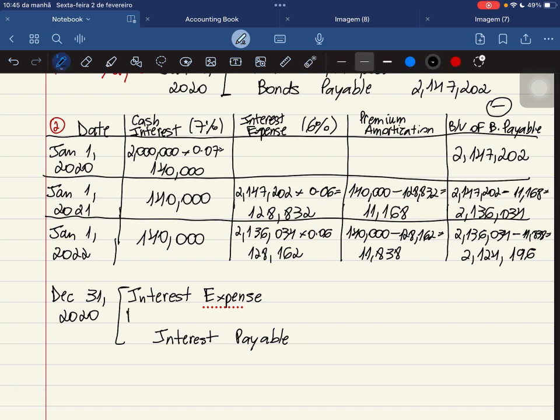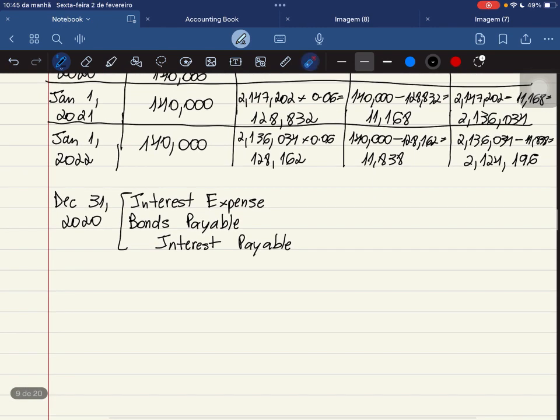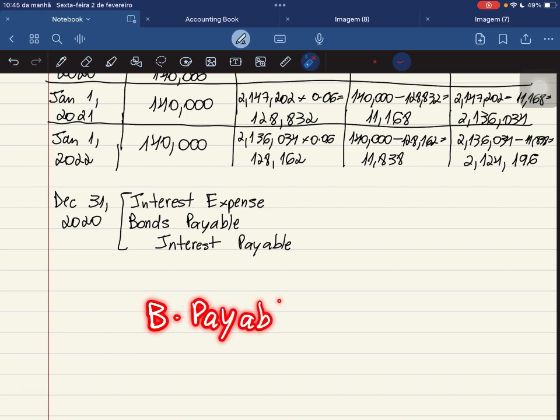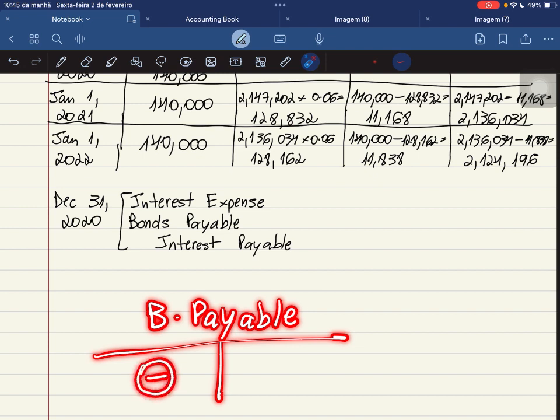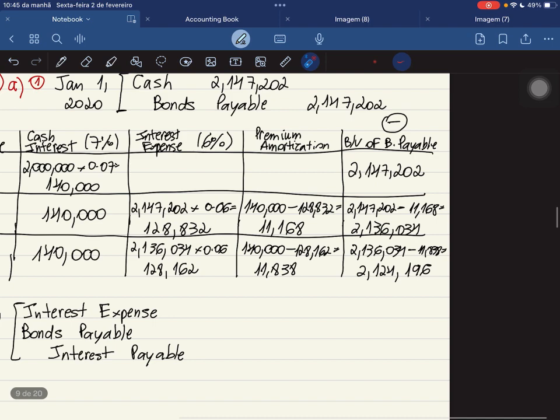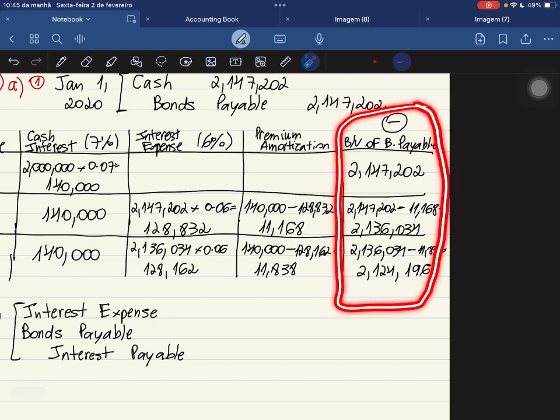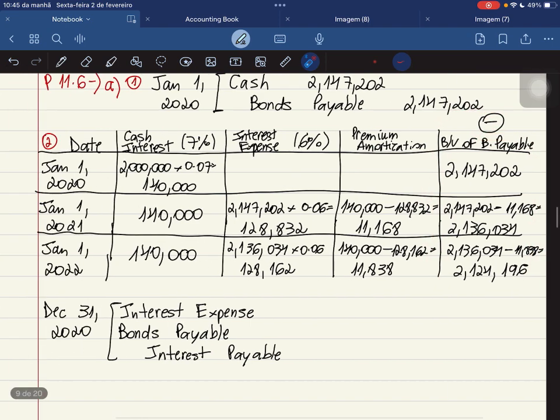And in this case it would be debited. Why is that? I already explained that in my previous videos, but bonds payable, it's a liability, right? A non-current liability. All liabilities, the numbers are reduced on the debit side and increased on the credit side. Over here, we are at the debit position because we are indeed reducing the number of our bonds payable, right? So that's why we are debiting it.